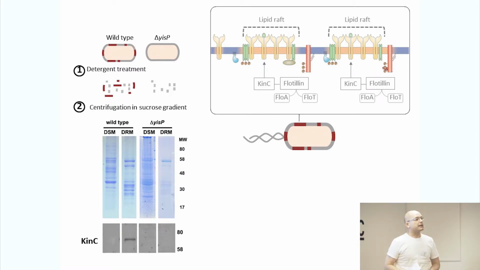We found it fascinating that we have two different flotillins, FloA and FloT, in these lipid rafts of Bacillus subtilis, and immediately we totally forgot about KinC and focused totally on the discovery of these two flotillins. Here are the two flotillins.